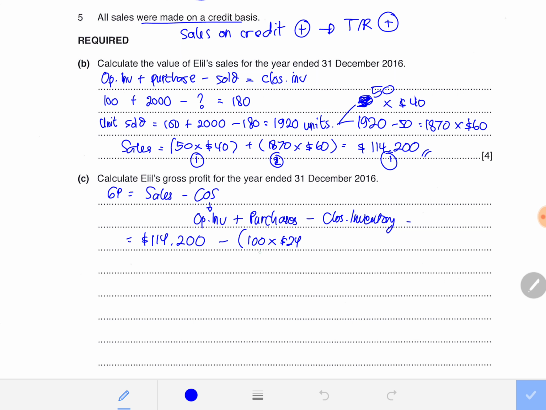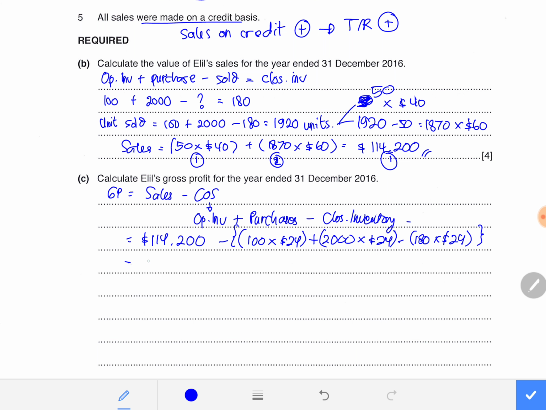So, 100 times 24 plus purchases, which is 2,000 times 24, and then minus closing inventory, 180 times 24.